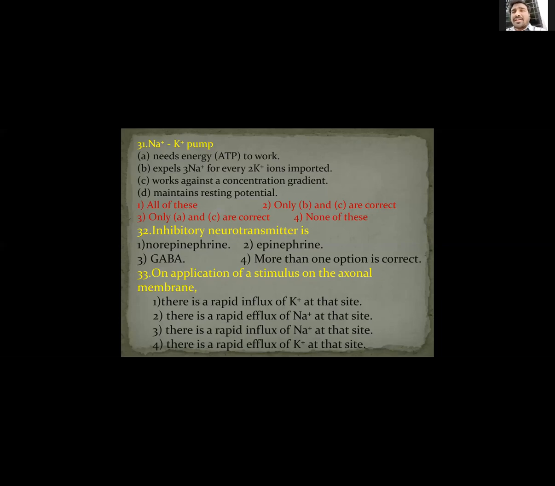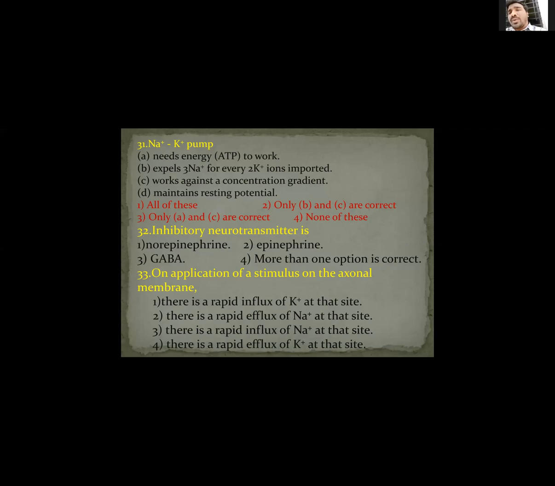Next, it expels 3 sodium for every 2 potassium ions imported. The meaning is, it pumps 3 sodium ions outside for every 2 potassium ions imported, that means moving inside.